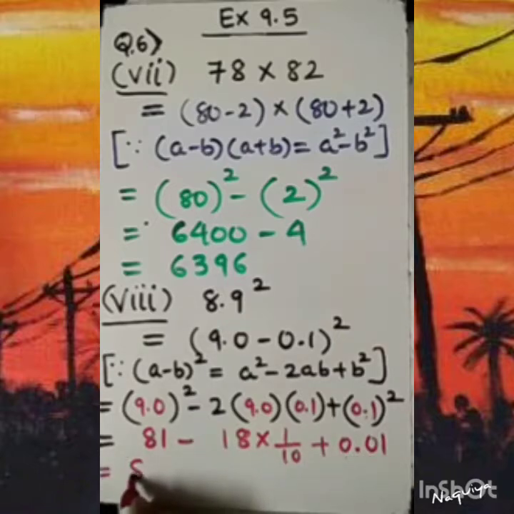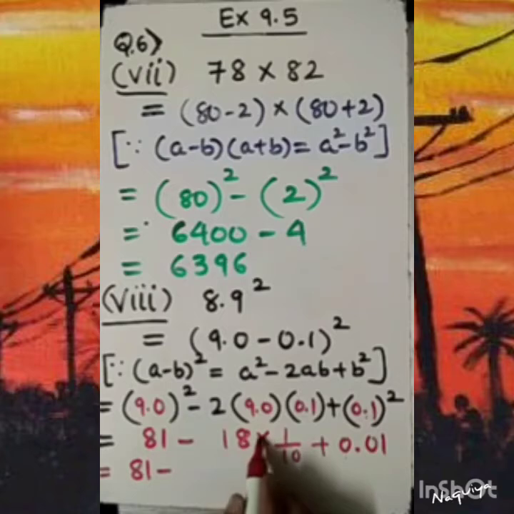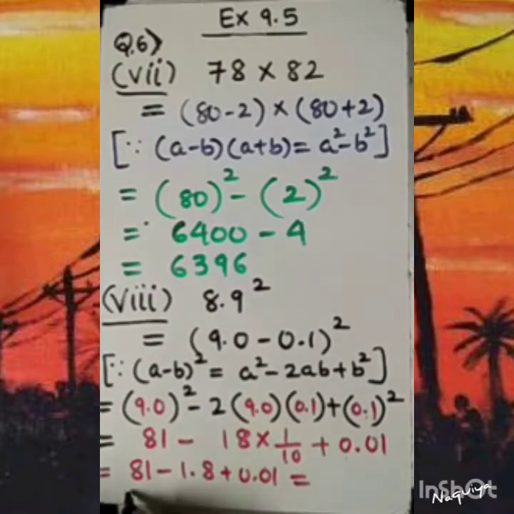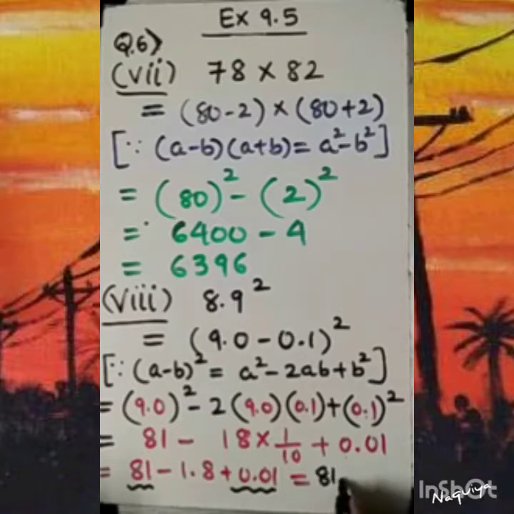So the next step will be 81 minus 18 into 1 upon 10. 18 divided by 10 gives the result 1.8, plus 0.01. So let's add these two numbers, 81 plus 0.01, the result is 81.01 minus 1.8.